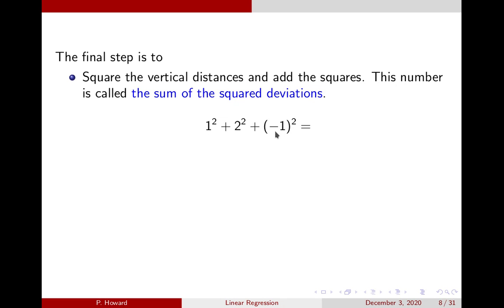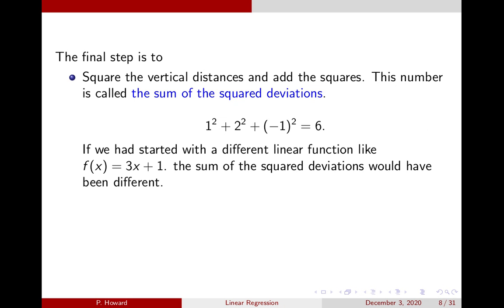Minus 1 squared is plus 1, so we would be adding 1 plus 4 plus 1 for a total of 6. This number 6 is the method of least squares measure of how well the straight line that we were working with fits the 3 data points.